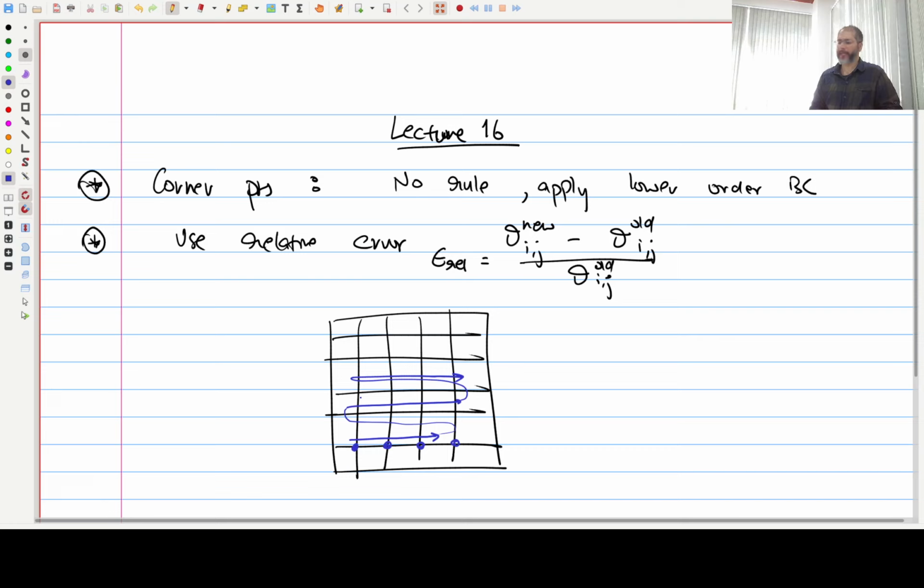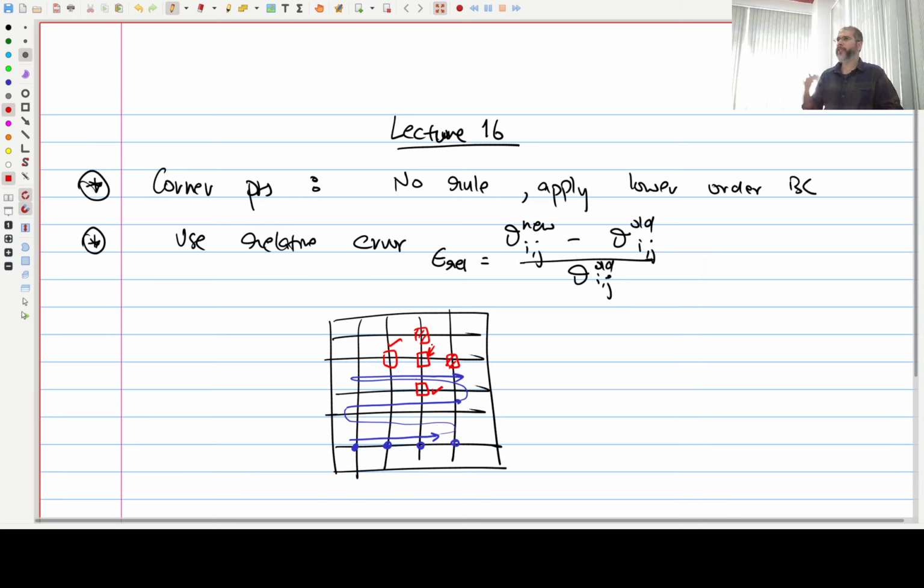That is the reason we said that when writing the scheme, which includes contribution from these points in Gauss-Seidel, when we are calculating the value for this point, this and this are already known, so we use the new values here. The i plus 1 and j plus 1 are not known, so we use the old values here. This whole reasoning is because we are moving left to right, bottom to top.